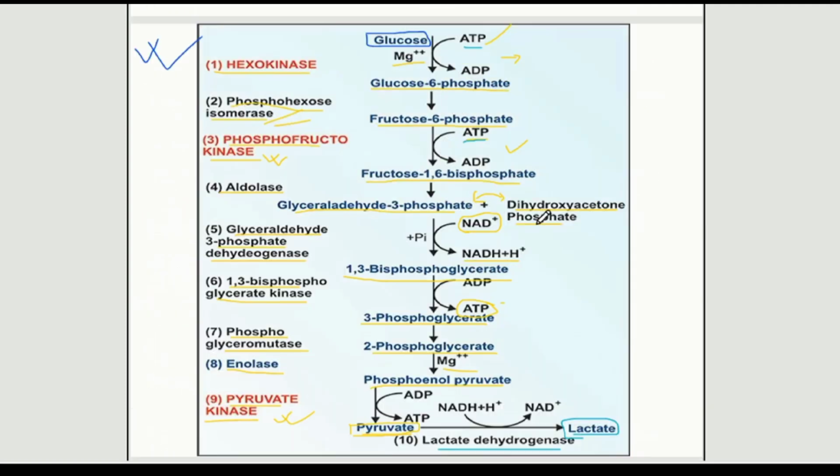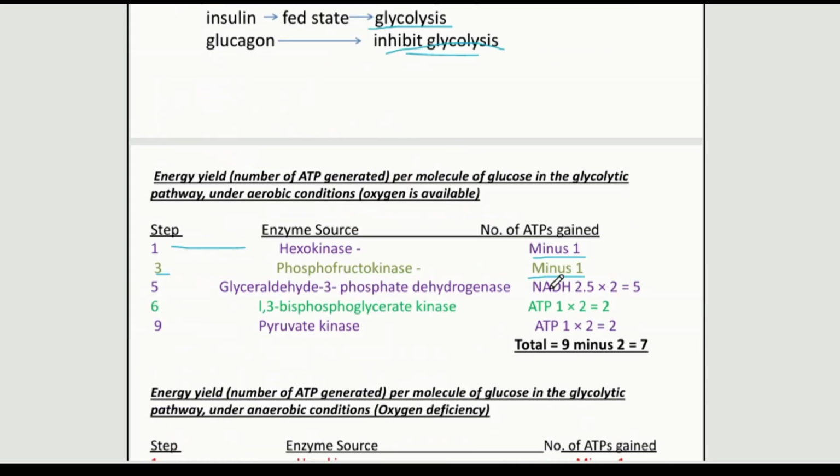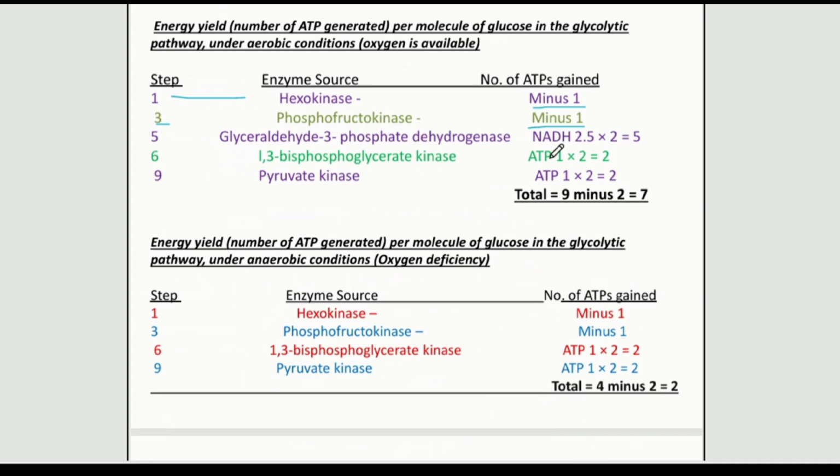Then come to the fifth stage. Here 1 NAD plus molecule is converted into NADH plus H plus. From 1 NADH plus H plus molecule we are getting 2.5 ATPs. Since dihydroxyacetone phosphate is again converted into glyceraldehyde 3-phosphate, and that is again converted into 1,3-bisphosphoglycerate, another NADH is produced.